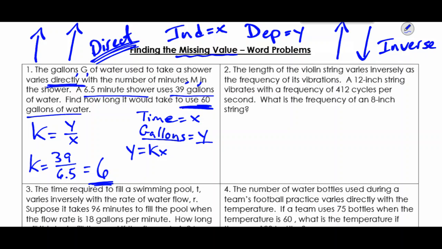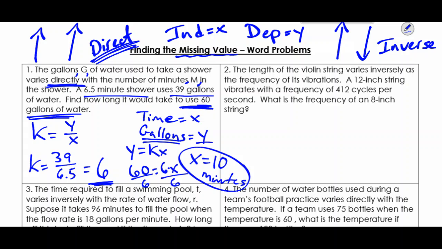If you decided that your y was gallons in the first place, the gallons needs to be used as the y again. And I've got one step to solve this. I have to just cancel out that multiplication by dividing by 6. So x equals 10 minutes. A 10-minute shower would use 60 gallons of water.